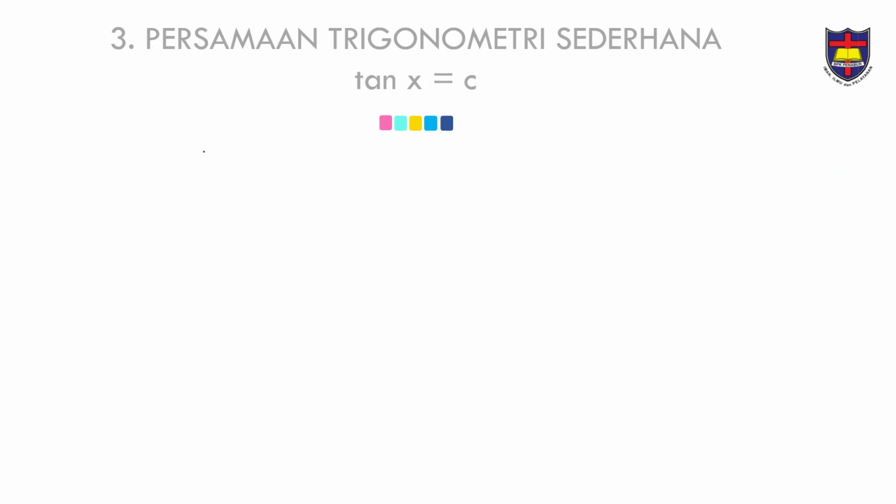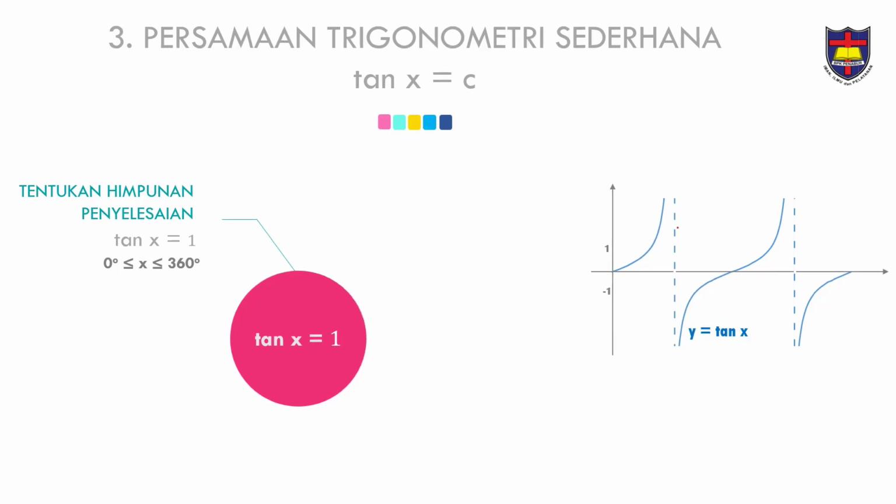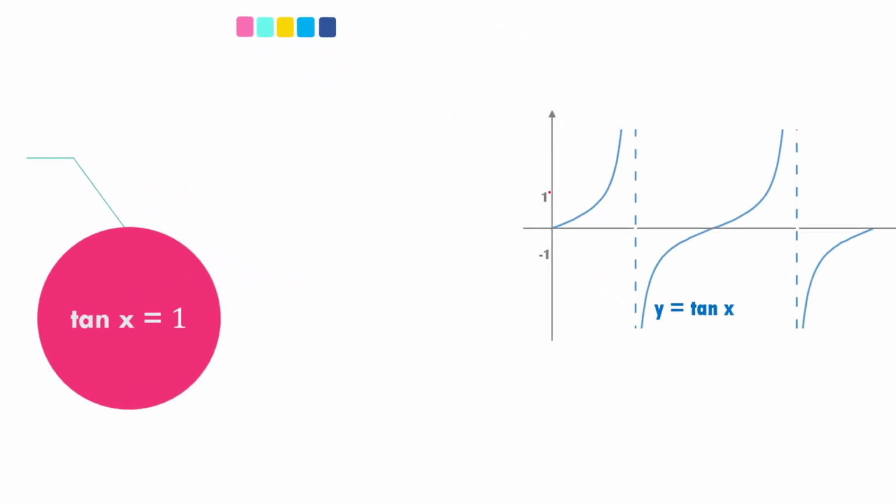Okay, now for the trigonometric equation of tan x equals c. We'll see the example of how to find the solution of tan x equals 1 from 0 up to 360 degrees. For tan x equals 1, we know the graph of tangent from 0 up to 360 degrees, and this is the horizontal line of y equals 1.